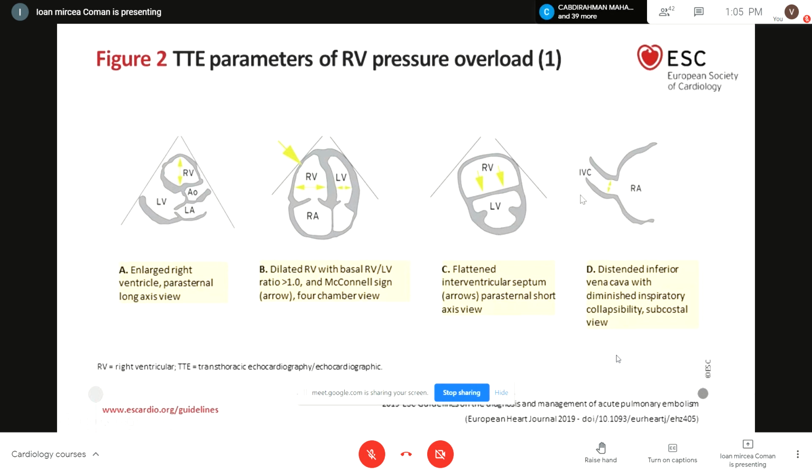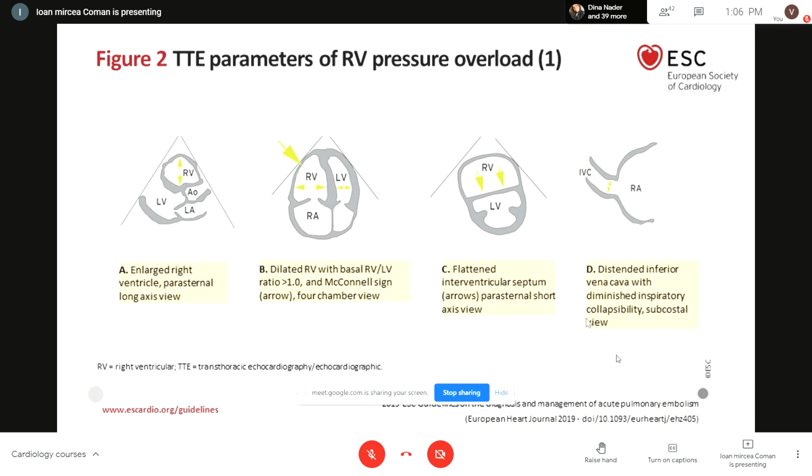And finally, because the right atrium is enlarged and due to tricuspid regurgitation, the pressure in the right ventricle is high, in the right atrium is high, we shall have a dilatation of the inferior vena cava with a diminished inspiratory collapse of this area.